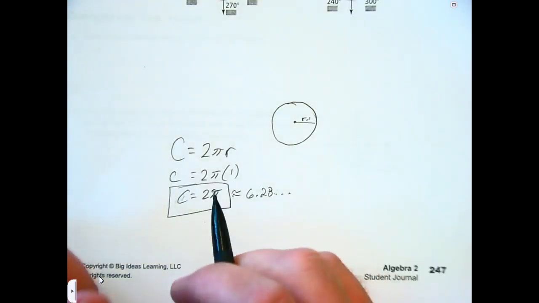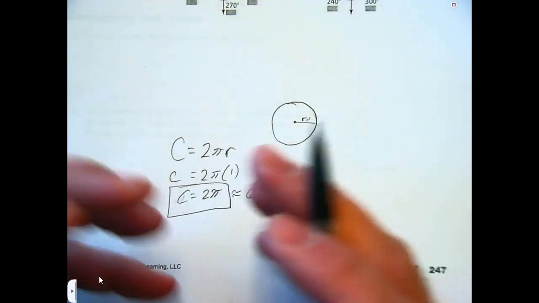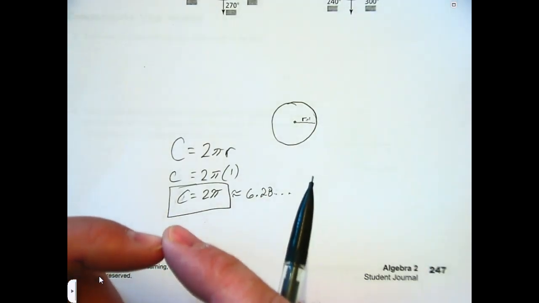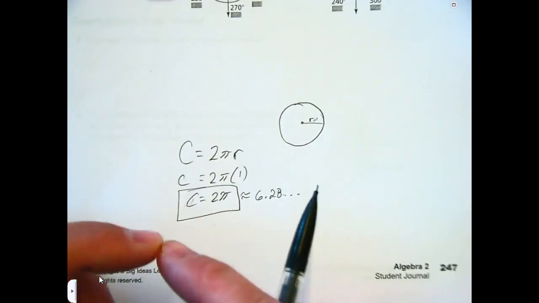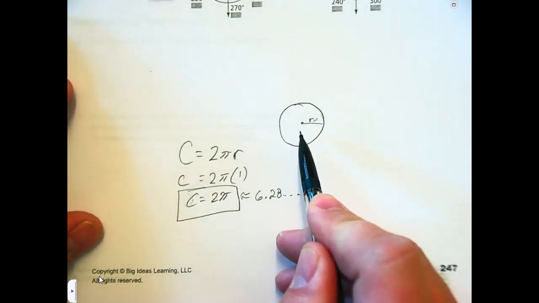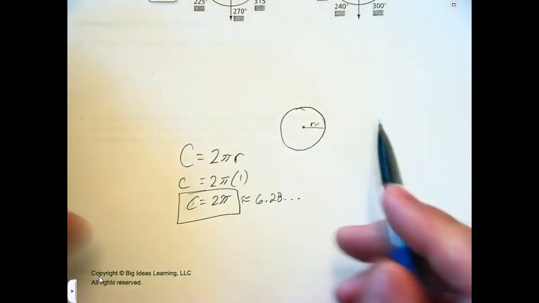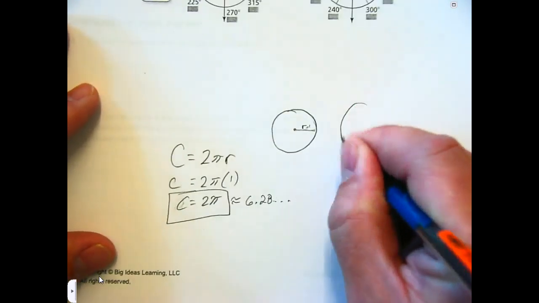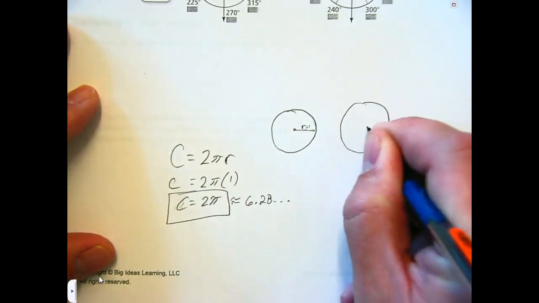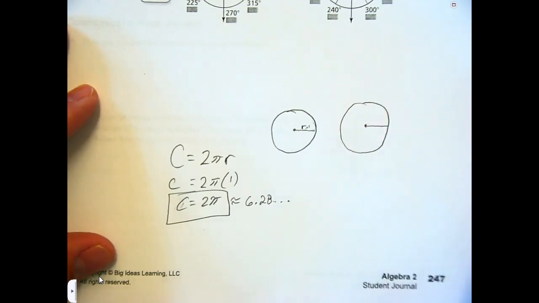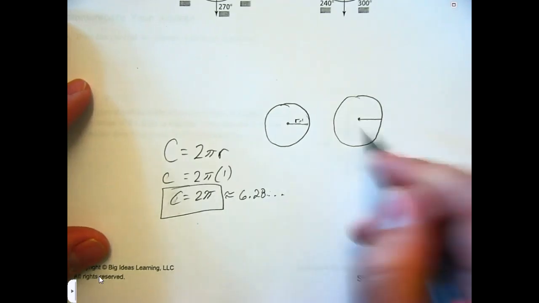Now the cool thing about circles is all circles are similar. So when you change a linear measurement, it changes proportionally. Since circumference is a linear measurement, meaning it's not area, and radius is a linear measurement, when I change how big the circle is, the number of radii that will fit around the outer edge changes proportionally.